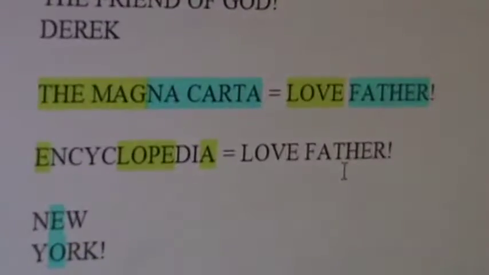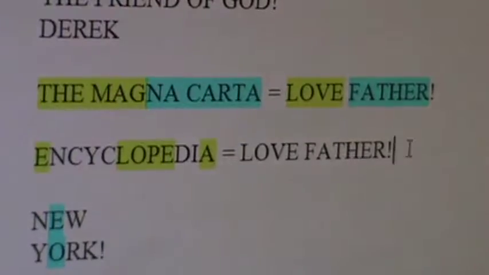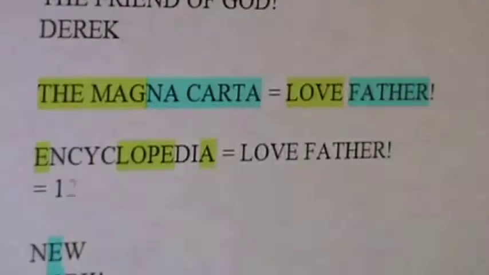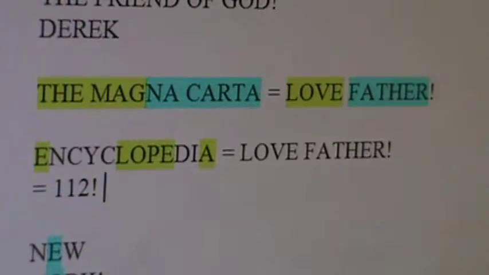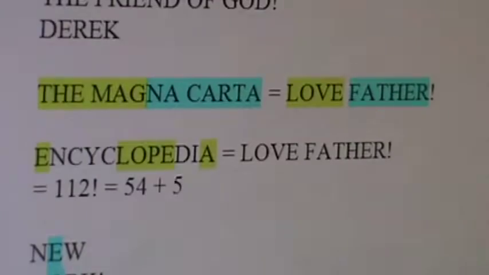It's the great number 112. Okay? It equals 112, very great number, love Father, and love is 2 points less than 56, and Father is 2 points higher than 56. So it's very satisfying, all these even numbers, eh? Love is 54, Father is 58. Love Father. Okay. So there you go.